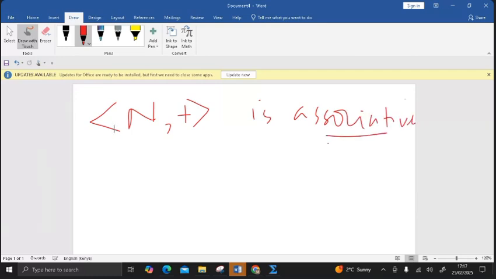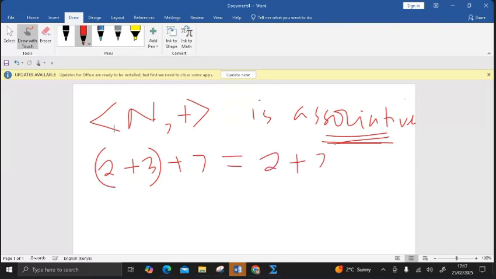Why is it the case? It obeys the associativity law because for natural numbers, let's say (2 + 3) + 7 is no different from 2 + (3 + 7).